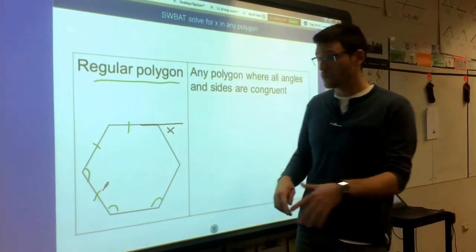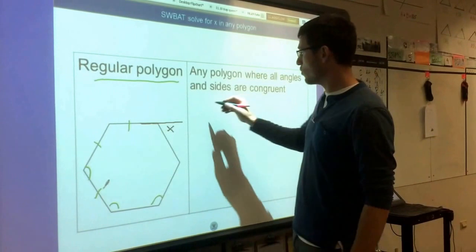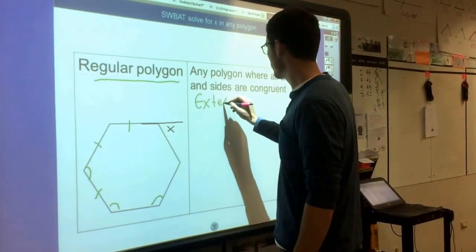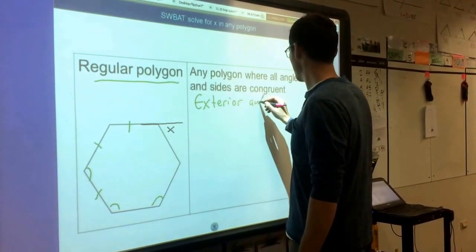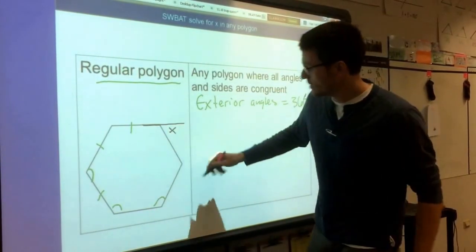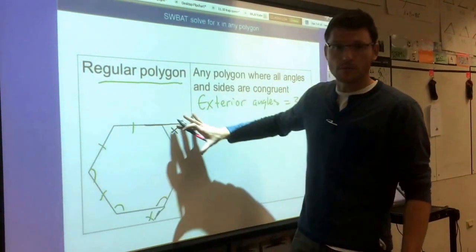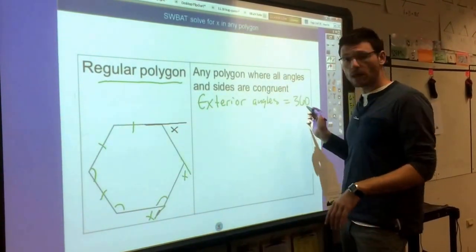We can do this 2 ways. We can use our old equation and then find a linear pair, but the way faster way is that we know exterior angles add up to 360. So this x plus this x plus this x, and so on, all of those x's are going to add up to 360.